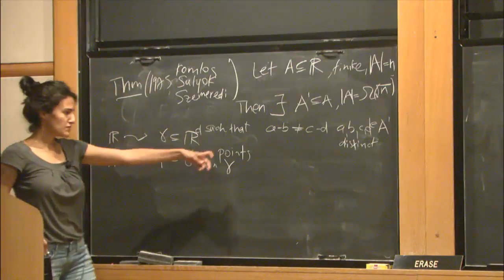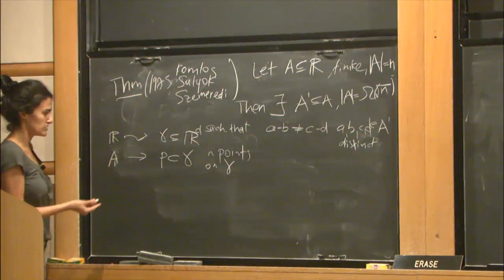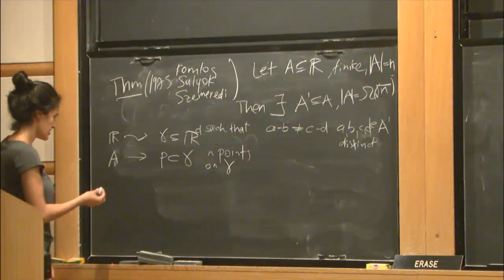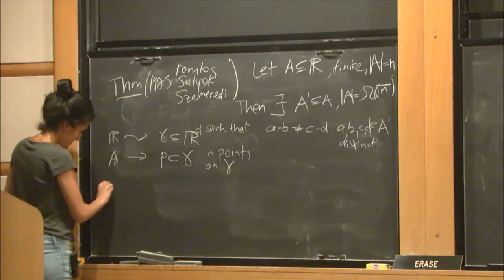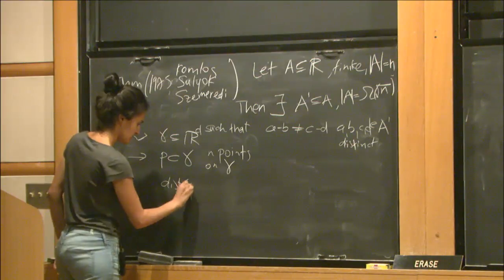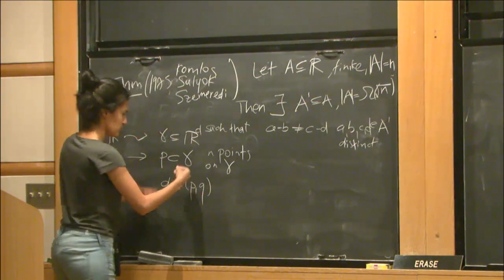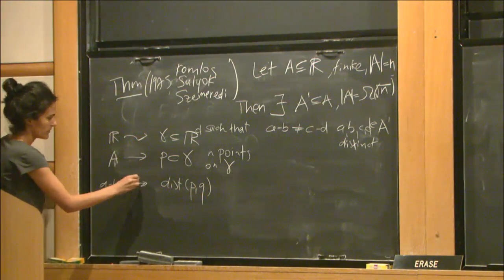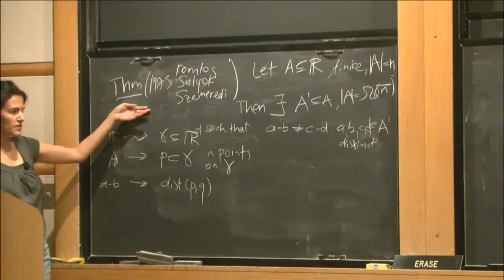And instead of these differences, I want to look at distances. So instead of a minus b, we will look at the distance between a pair of points p and q in P. And then I want to find a similar statement.